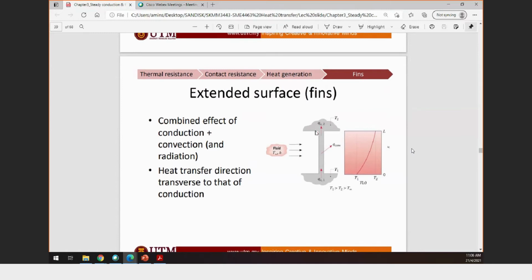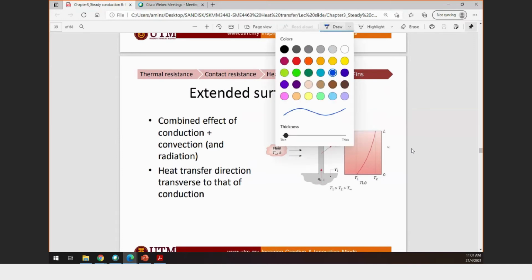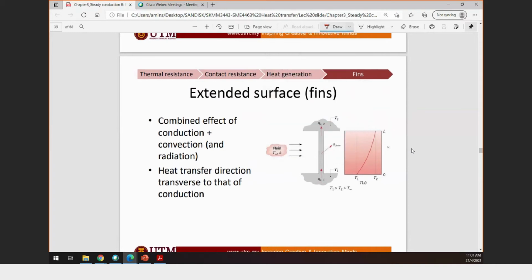You want to transfer heat from one side to the other side, from the lower side to the upper side.